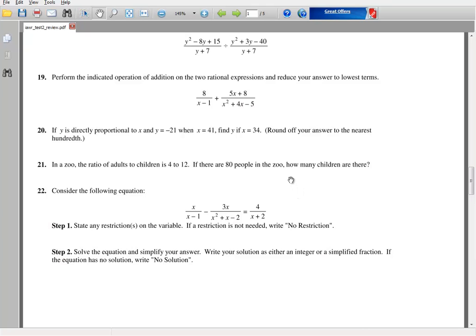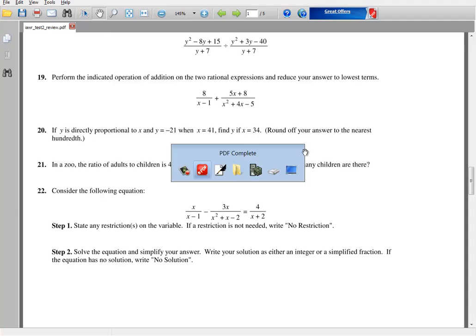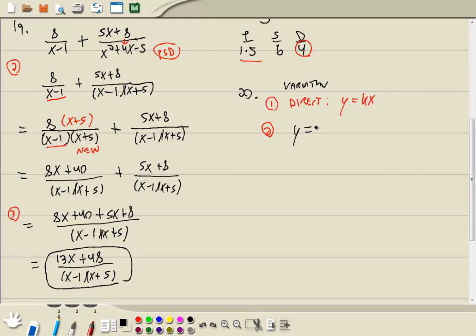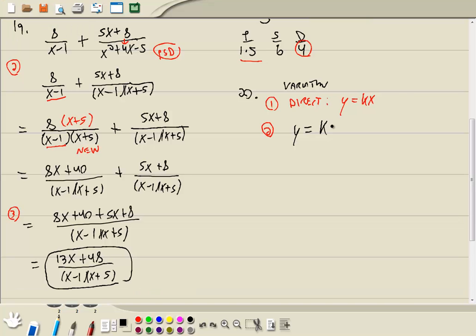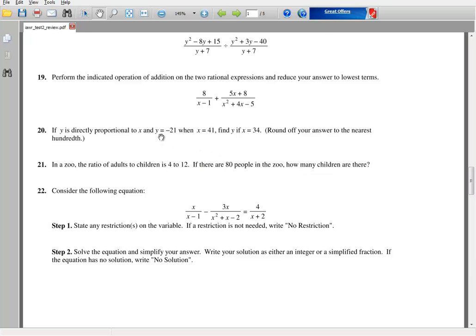If y is, okay, so we got y equals, the "is" is where equals goes, directly proportional to x. That doesn't change any. That's the same setup here. Okay, step 3. Look for your one example. Directly proportional to x, and y is equal to negative 21 when x is 41.